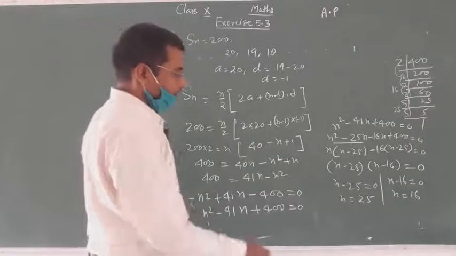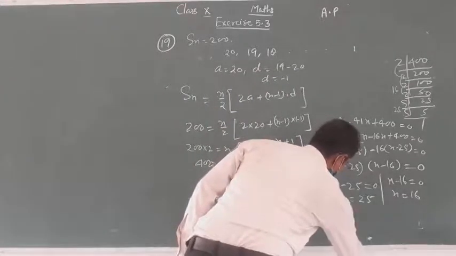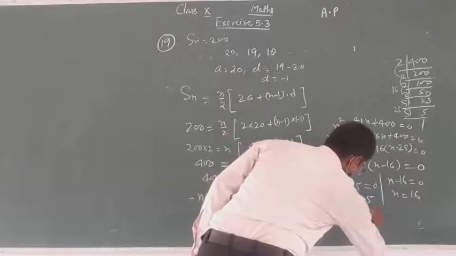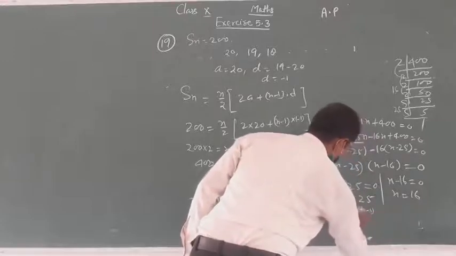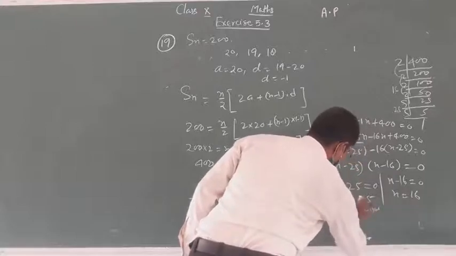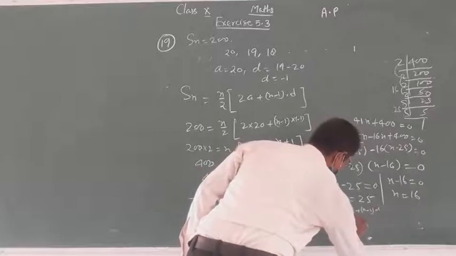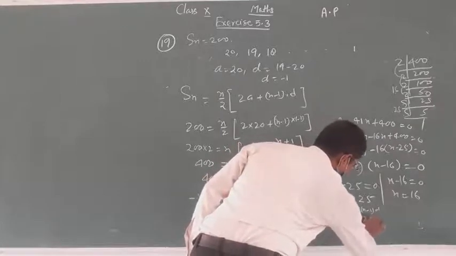Now for the AP, an is equal to a plus n minus 1 into d. So now for n equal to 25, a25 is equal to a plus 24d.